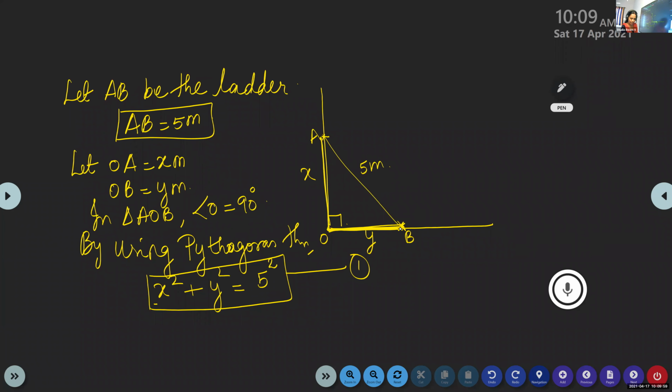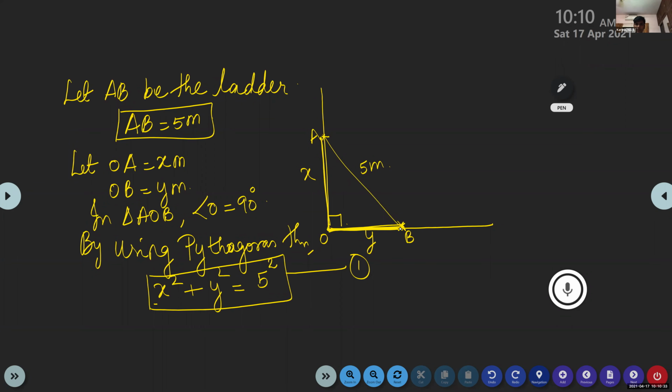Read the next sentence. The bottom of the ladder is pulled along the ground, pulled away from the wall at the rate of 2 meter per second. That means what is given? Karthik, what is this 2 meter per second? dy by dt.